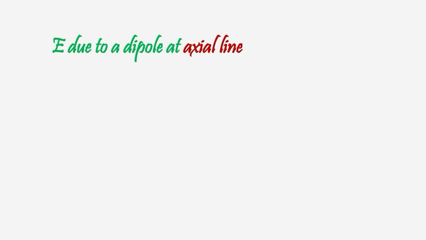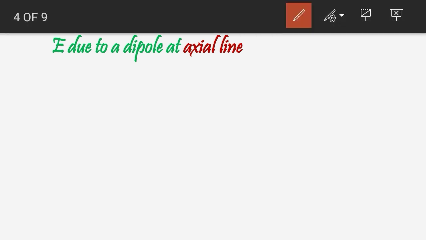Then comes the important part, an important long question: the electric field due to a dipole at an axial point. Generally when you have a dipole, you have two equal but opposite point charges. If this is minus q and this is plus q, then by joining these two points we can draw a single line.